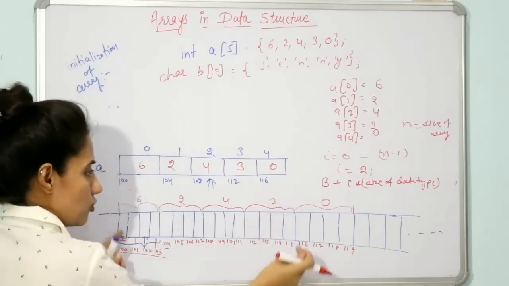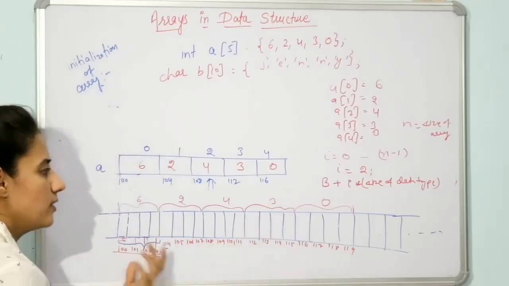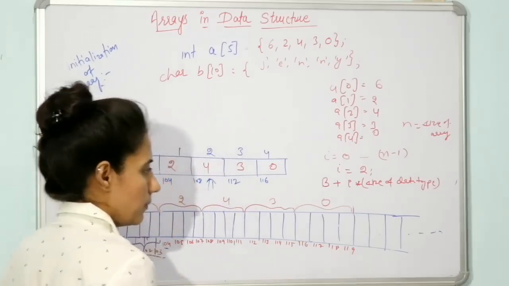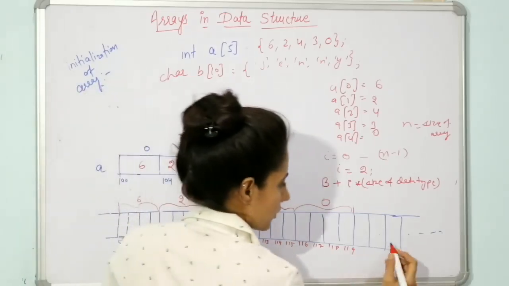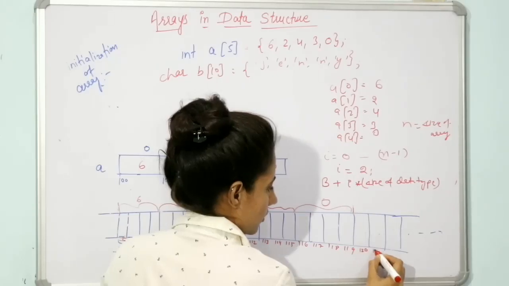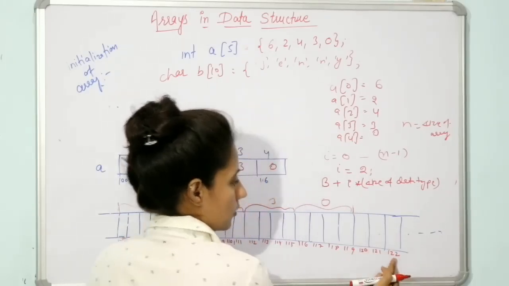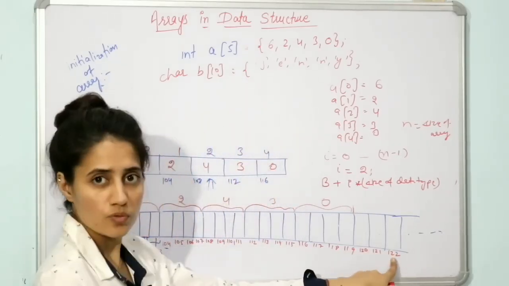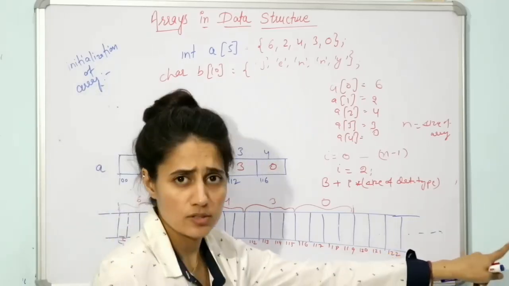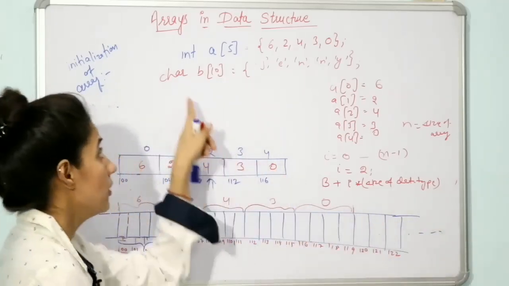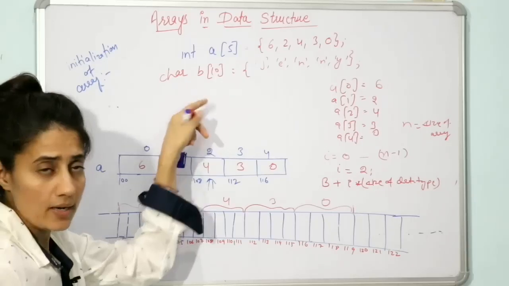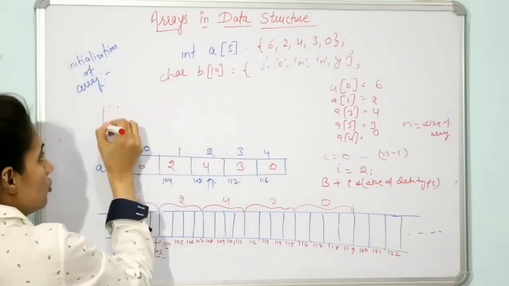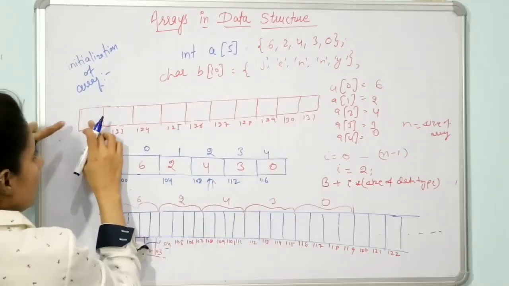Let us suppose this array is also there, and from 122, 10 bytes till 132 have been allocated to this character array b. Now how is the data stored here?